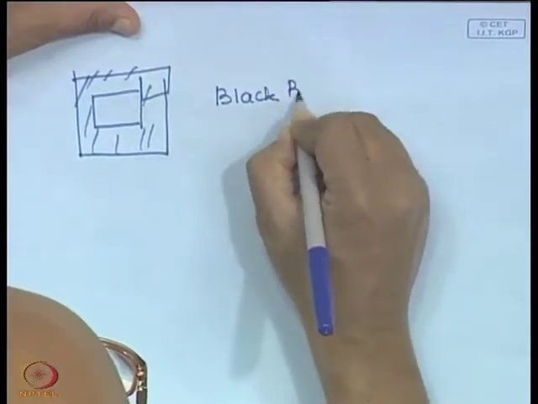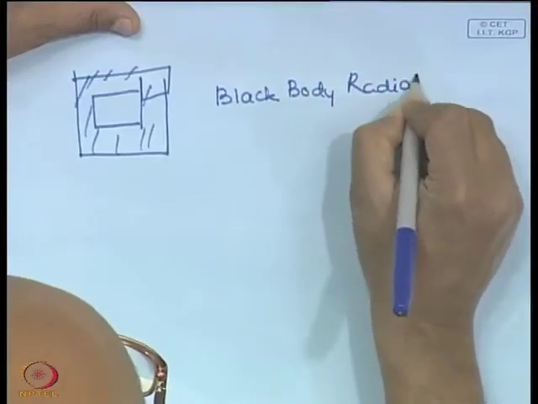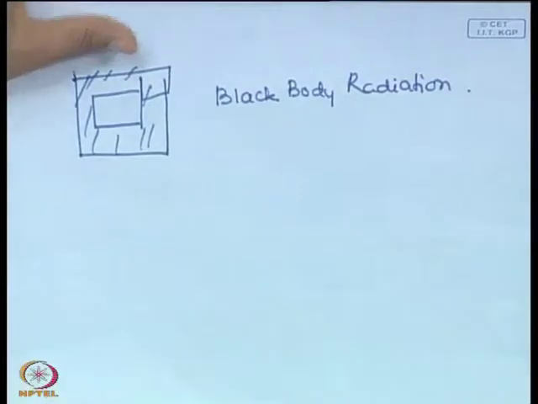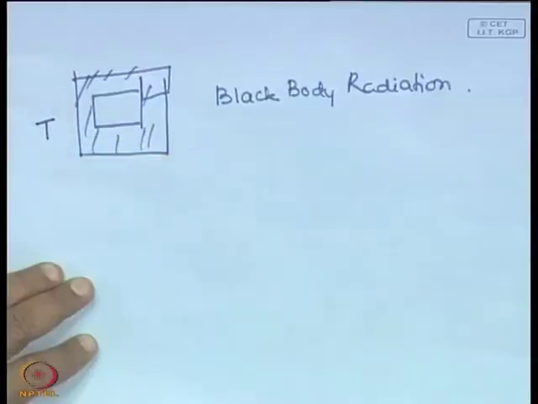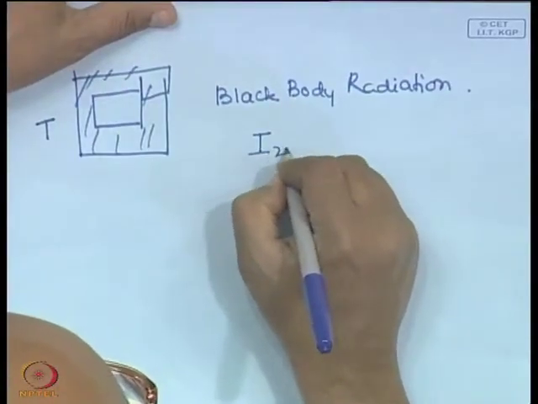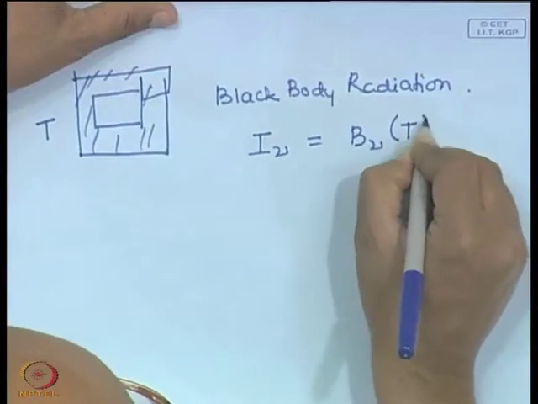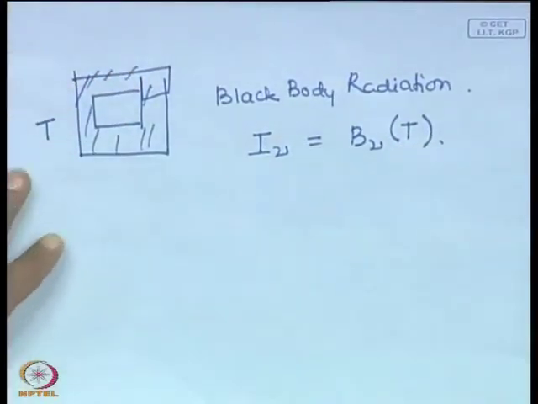The radiation here has come to thermal equilibrium with matter at thermal equilibrium at some temperature T, and we saw that the specific intensity of this radiation is the Planck function, which depends only on temperature, universal, right.